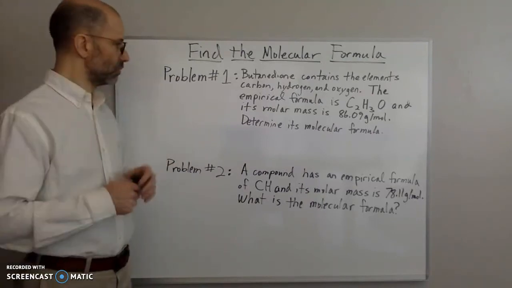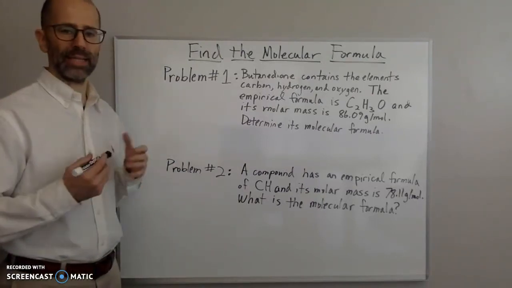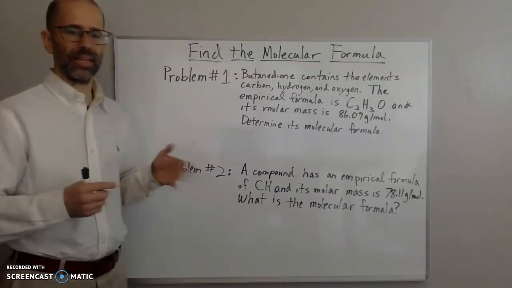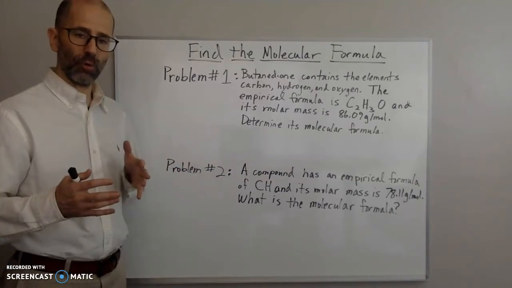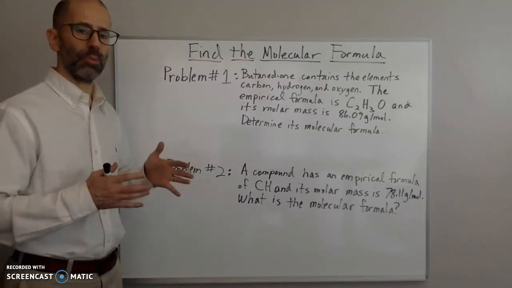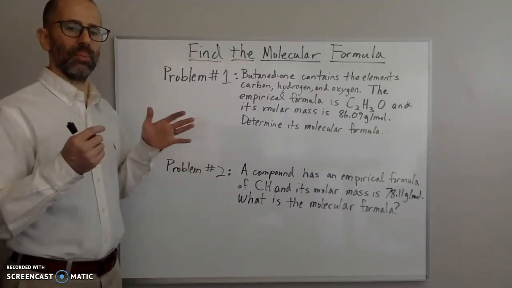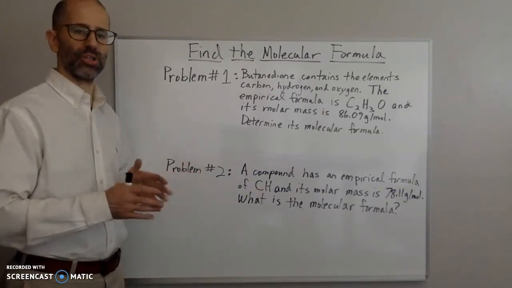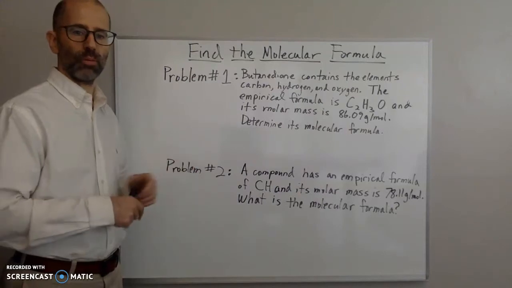And so I want to remind you guys that the difference between the empirical formula and the molecular formula is that the empirical formula is the lowest whole number ratio. It's the simplest version of the formula.